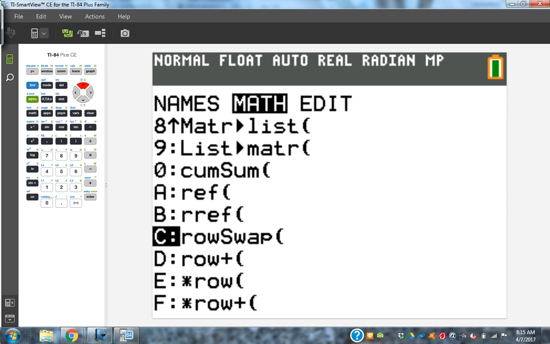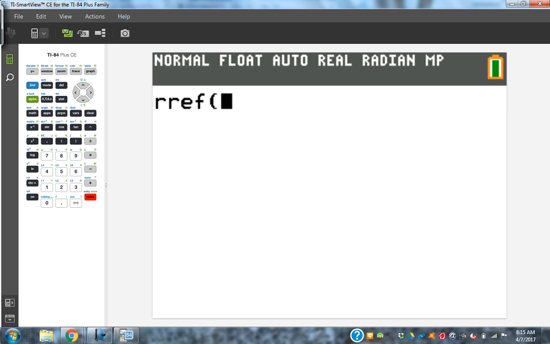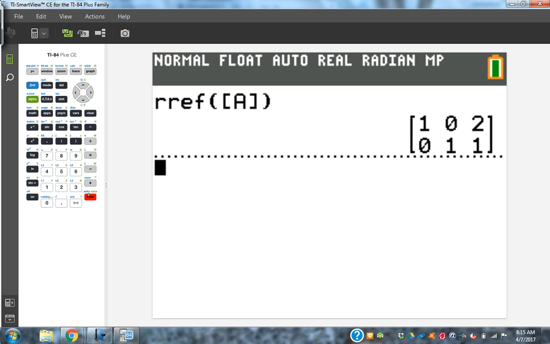So alpha B, and then I want to grab that matrix that I put it in, matrix A, and then my OCD makes me close the parentheses. You don't really have to, but I feel like I do. Okay. And you get this reduced row echelon form of a matrix, of a 2x3 matrix.